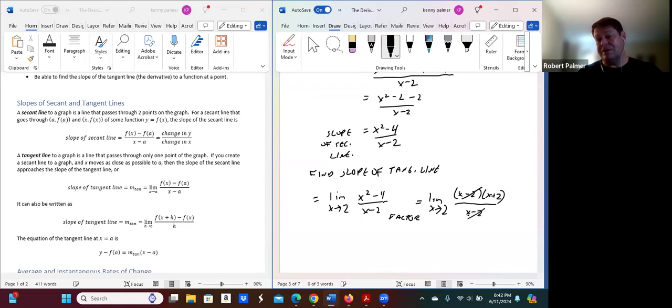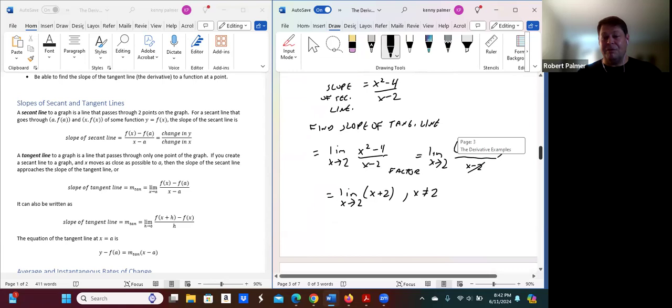Of course, you see these cancel out. This is then equal to the limit as x goes to 2 of x plus 2, once again as long as x is not actually equal to 2. Remember, if you've learned about limits so far, we're just talking about what happens as x goes to 2, as long as x isn't actually equal to 2.